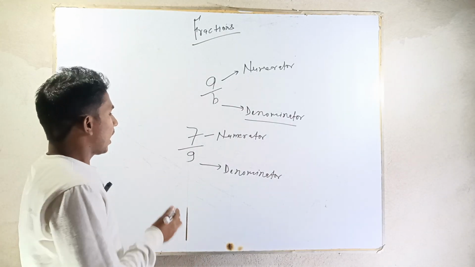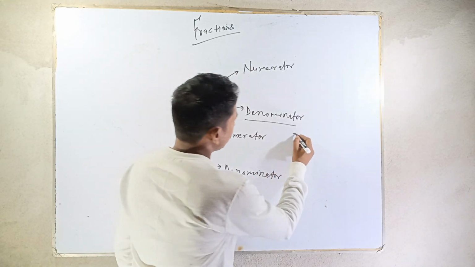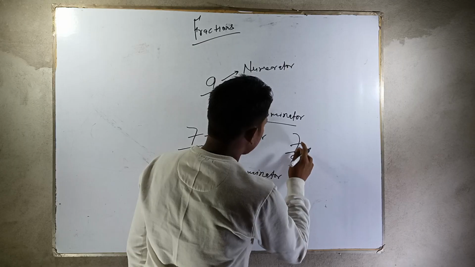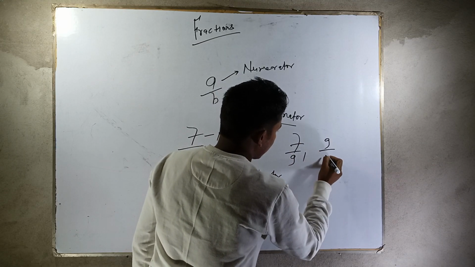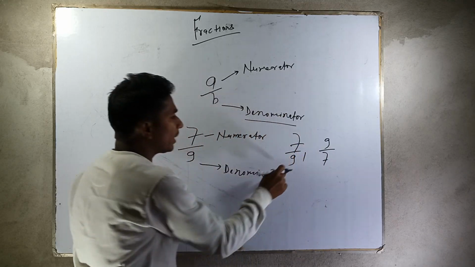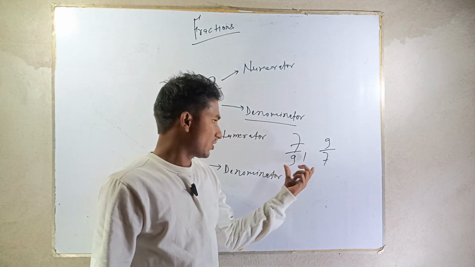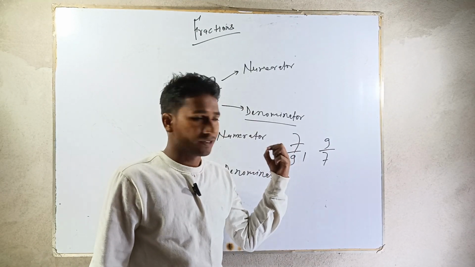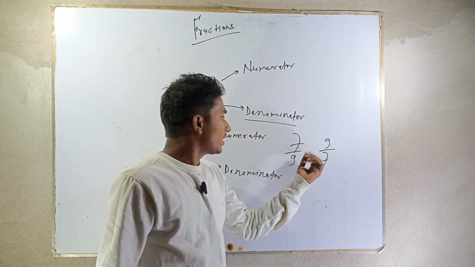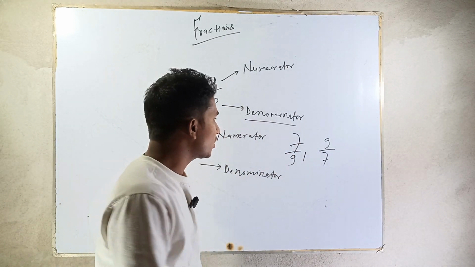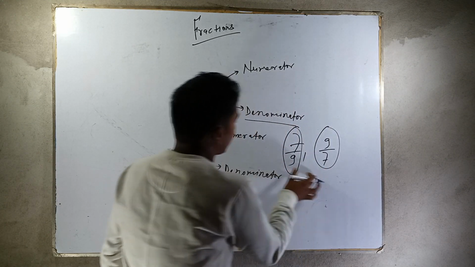Next, I want to say that there are different types of fraction. Suppose this one is 7 by 9 and another is 9 by 7. The numerator and denominator are different, so if you compare them, they are not the same and both are different from each other.